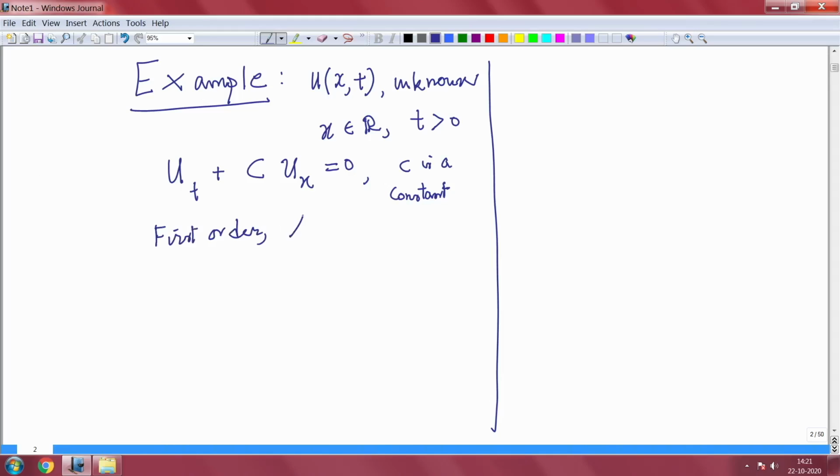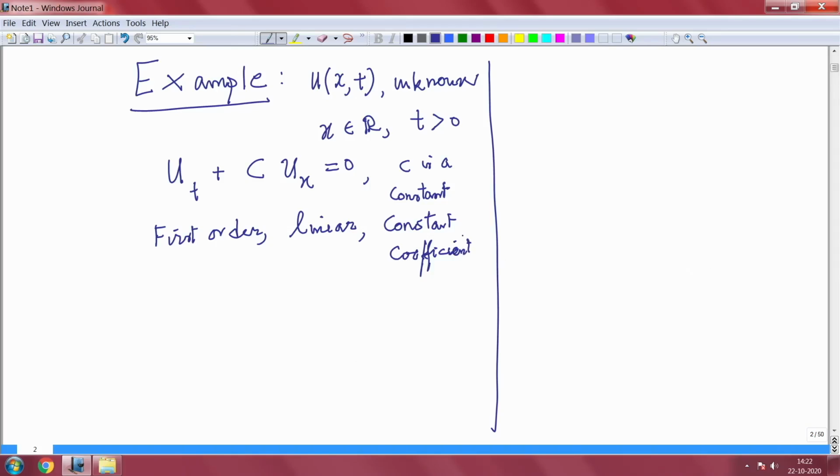This is a linear PDE, so life will be much simpler. First order, linear, with constant coefficients. So, I am going to solve this problem.